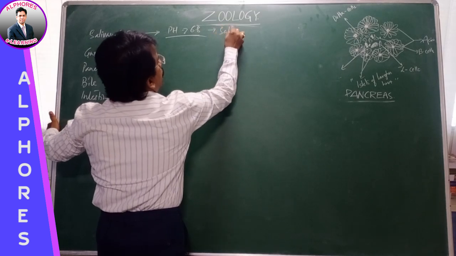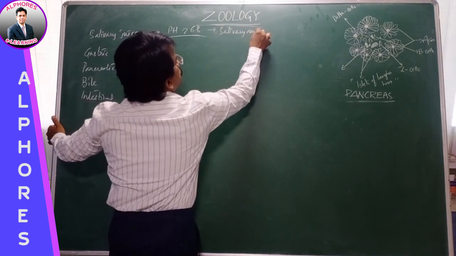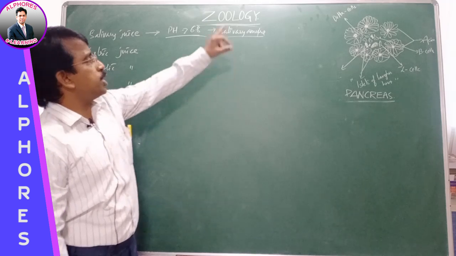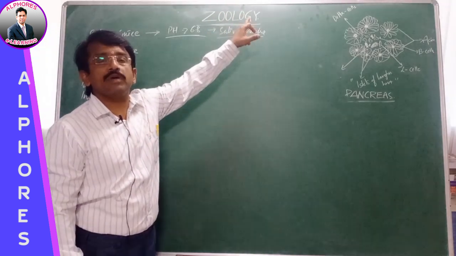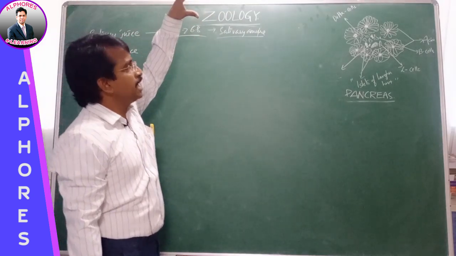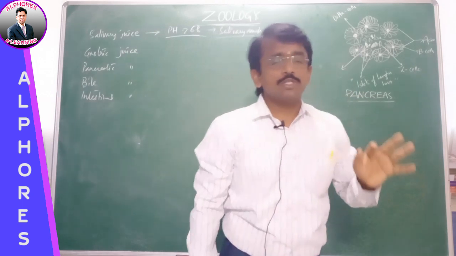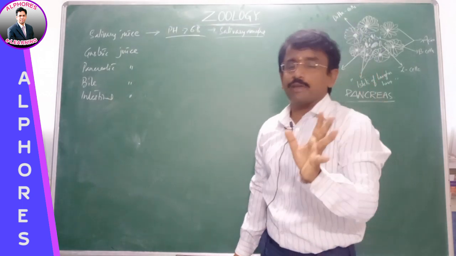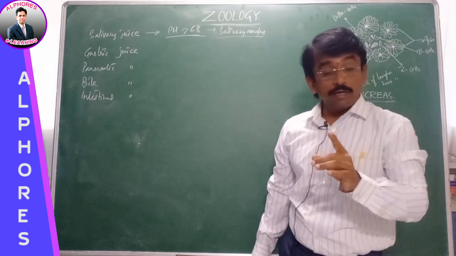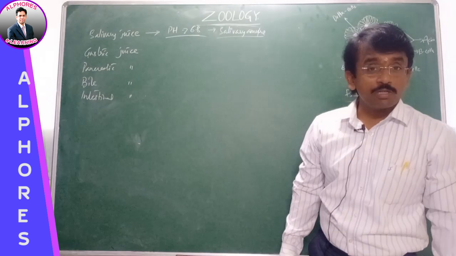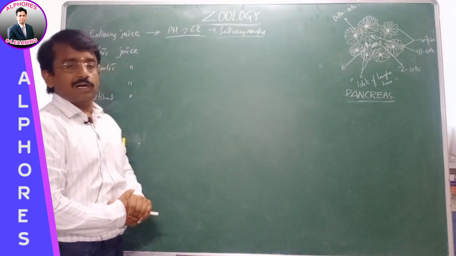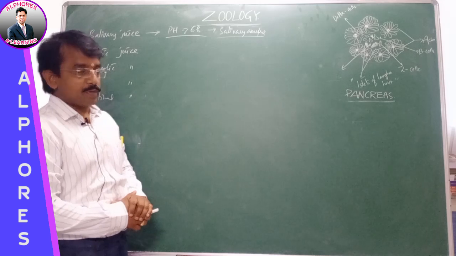The components are salivary amylase or ptyalin, mucus, thiocyanate, and lysozyme. Sodium thiocyanate and lysozyme are antibacterial, and there are other salts or electrolytes such as sodium, potassium, and chloride.